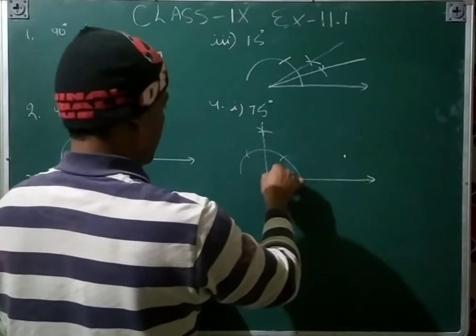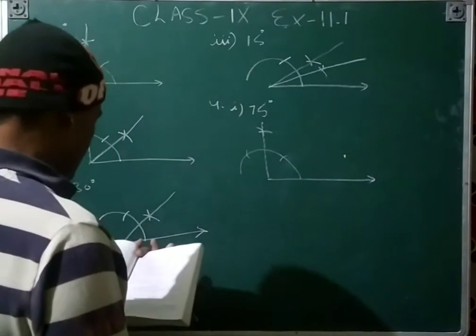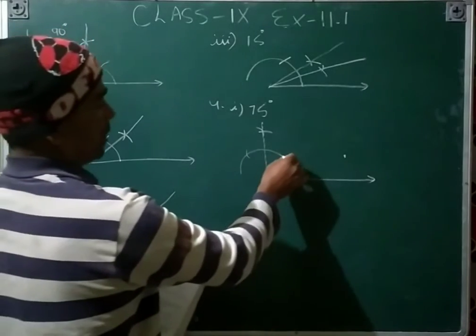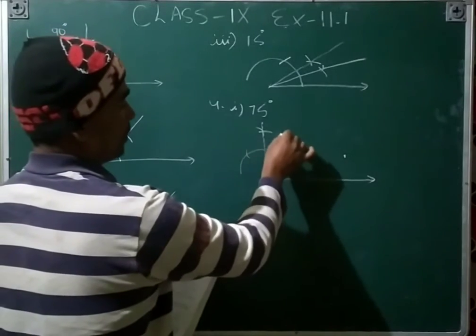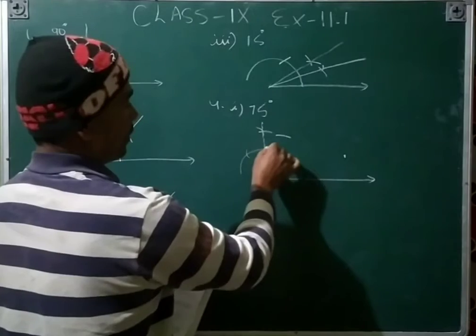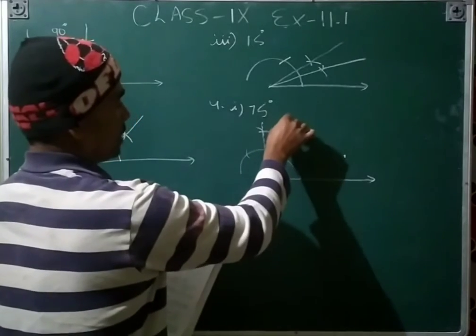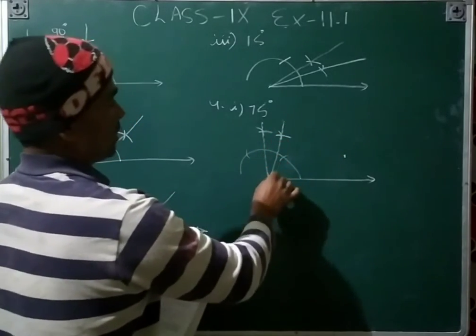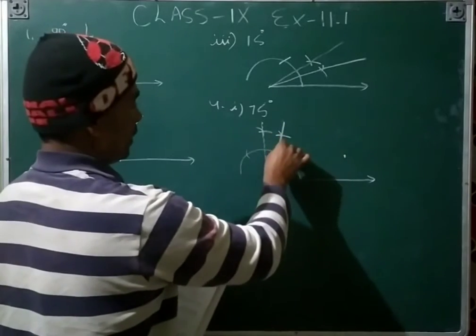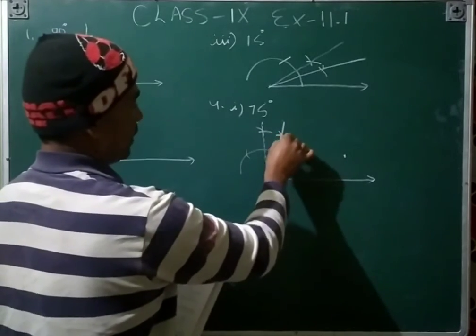This will be 90 degrees, and then for 75, from here and here make an arc, one from here, one from here, with the same distance. That will be 75 degrees.